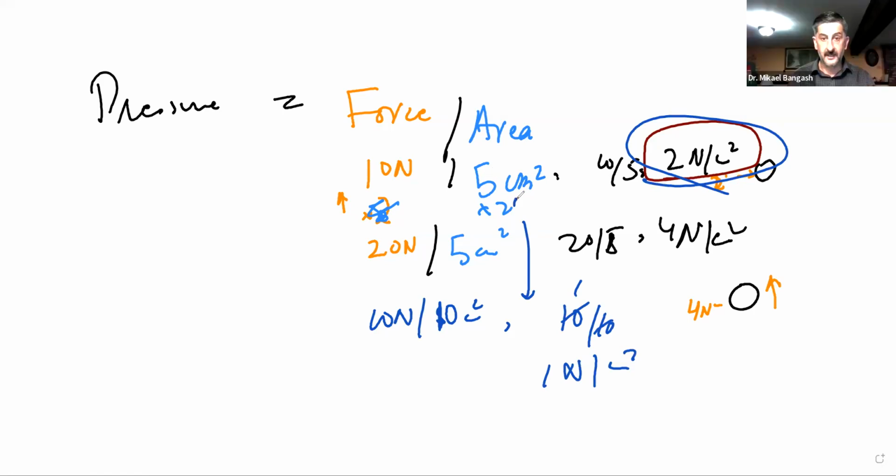If you increase it, let's say, 20 times, then the equation is going to be 10 divided by 100, which is 0.1.